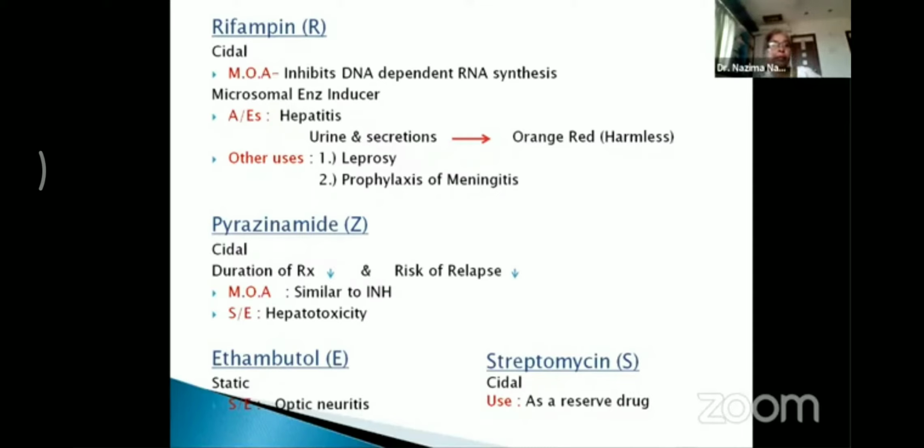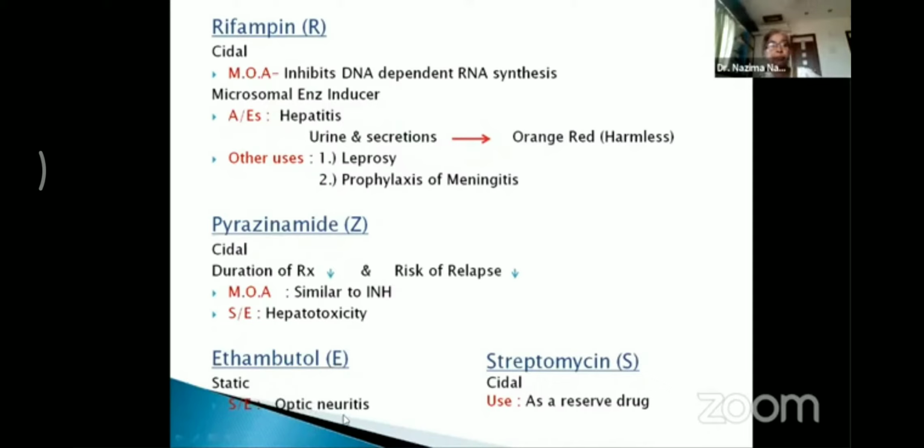Now, coming to the mechanism of action of pyrazinamide, it is similar to INH. Again, this drug causes hepatotoxicity, which is a major side effect related to pyrazinamide. Then we have ethambutol, which is having a bacteriostatic action, again included in the first line drugs. The main side effect of ethambutol is optic neuritis.